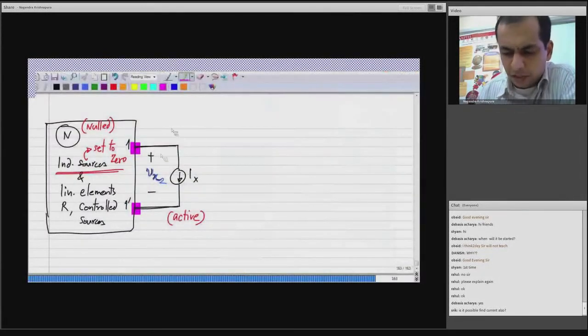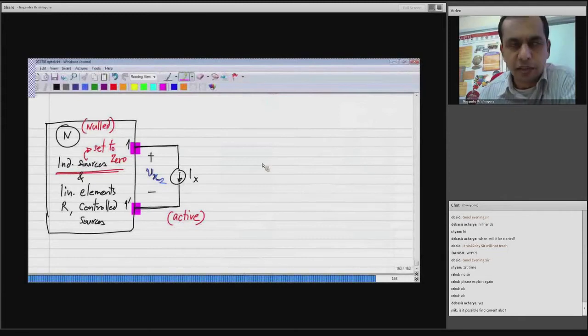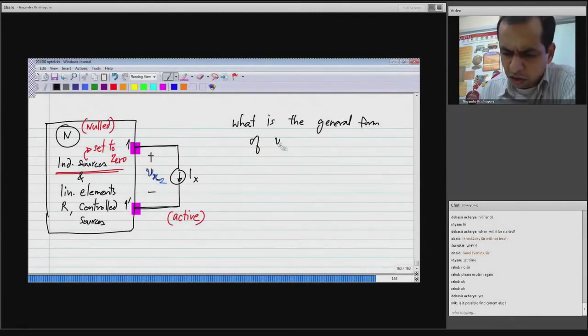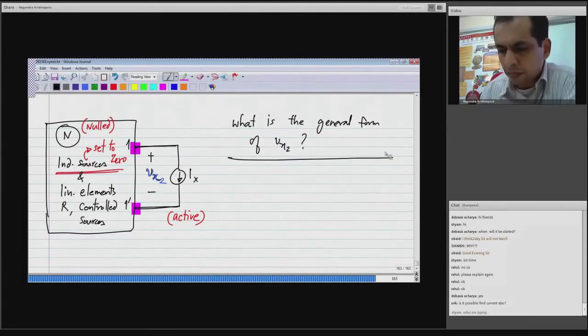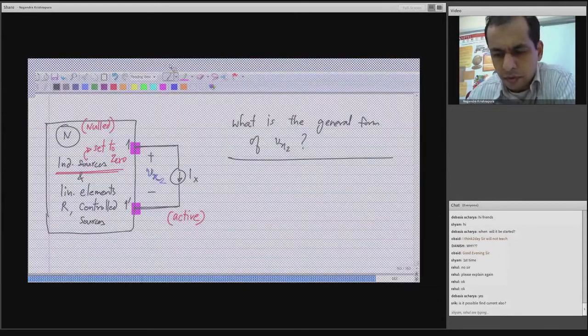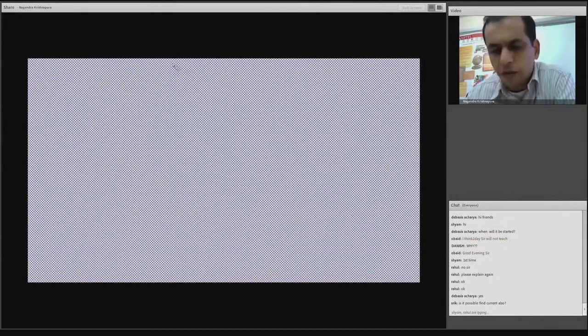We have a single independent source Ix in the circuit, okay. So now we will have this Vx2. So my question is, please try to answer this. What is the general form of Vx2?